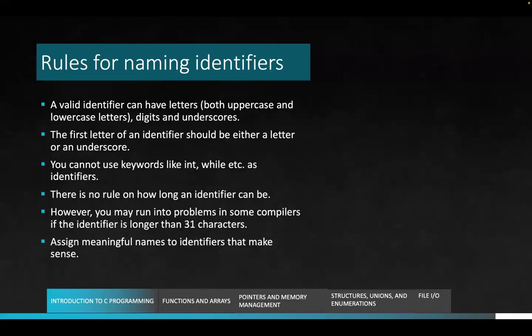It can have n number of letters in it. But some compilers have some restrictions. If it has more than 31, right, it will still execute the code, but it takes time to execute. So, at the end of the day, we should give variables or identifiers meaningful names and assign values to them clearly.